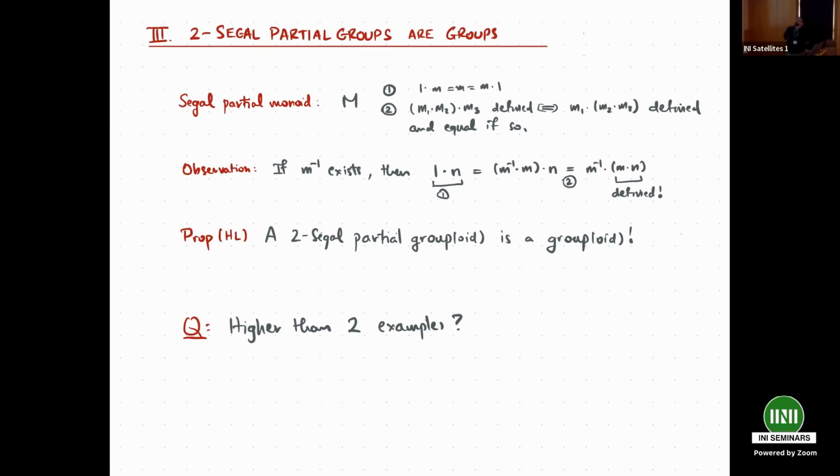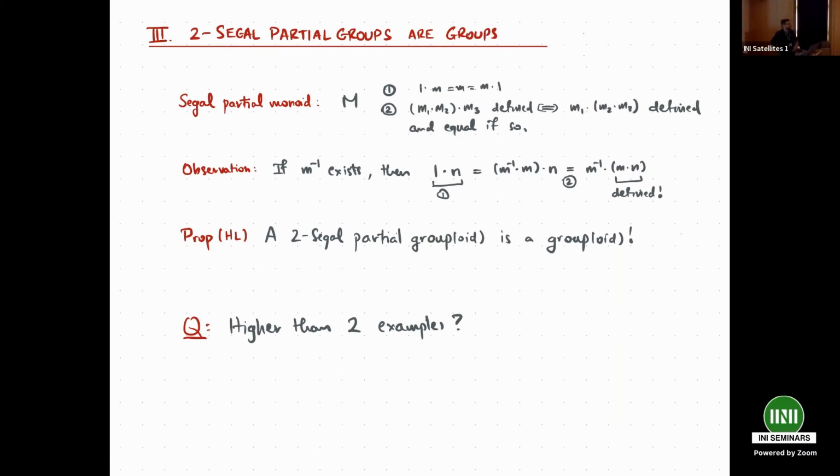So a Segal partial monoid, remember, is a set with a partial binary operation with this associativity condition built in, right? So if M1, M2, M3 is defined, then M1, M2, M3 is defined as well.